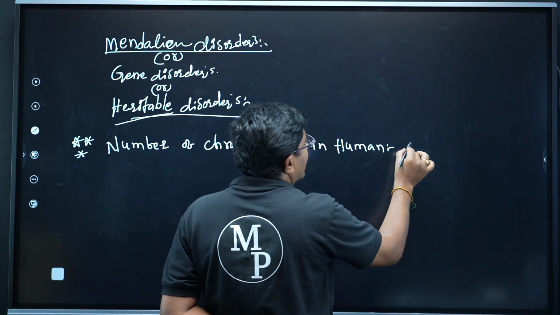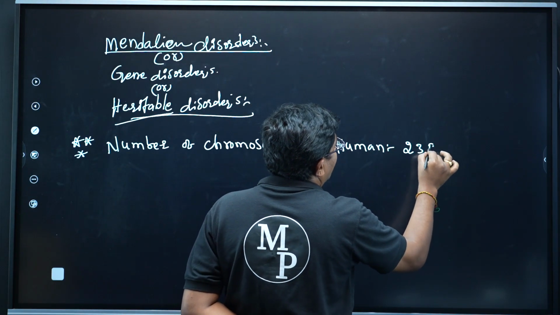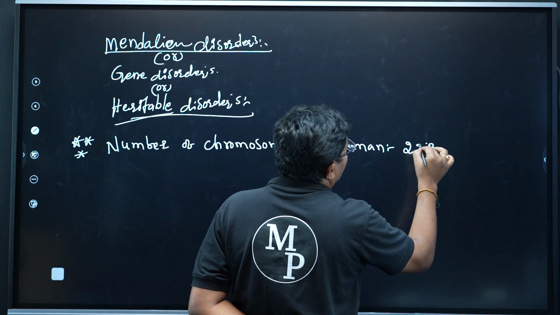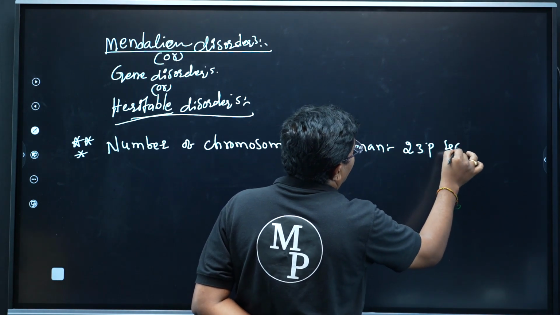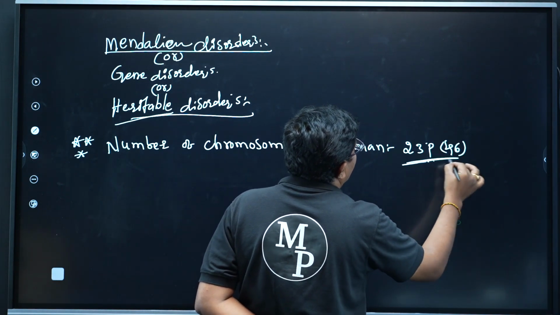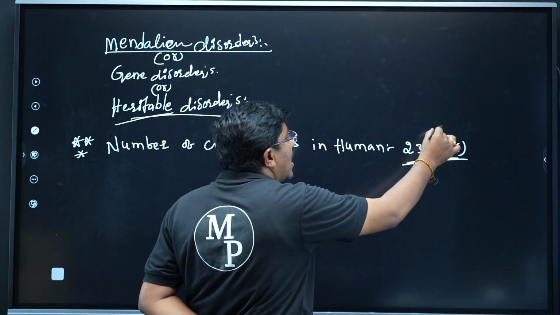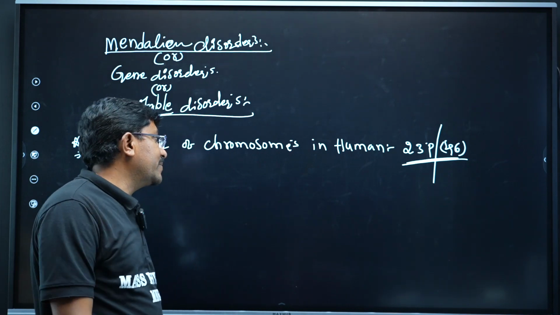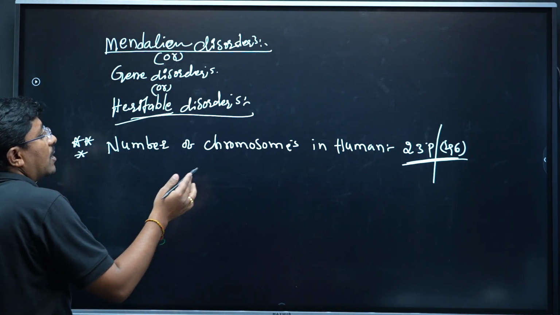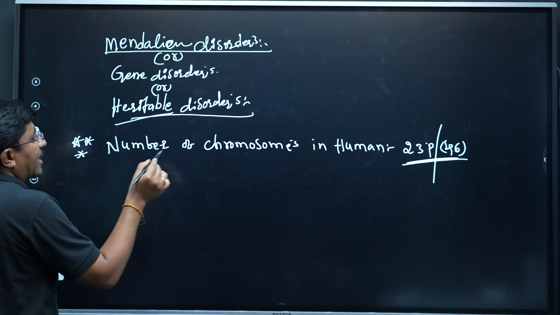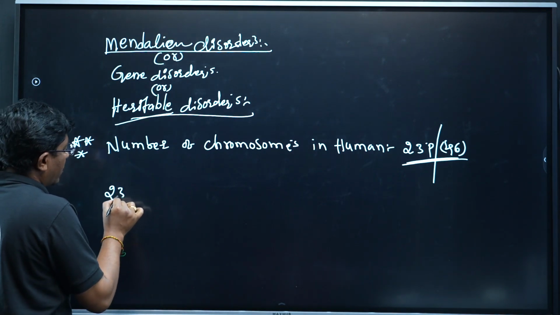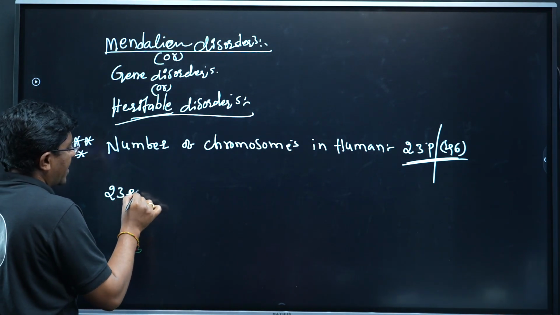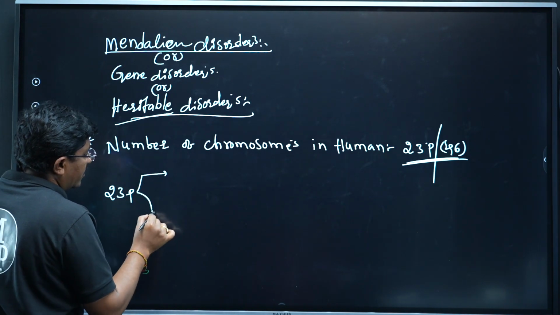In a human being, 23 pairs, or 46 chromosomes, are there. That is the first point. After that, in these 23 pairs of chromosomes, again two types are there.